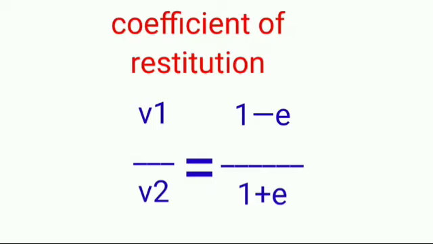The velocity of separation means after collision, velocity of approach means before collision. So v1 by v2 is equal to 1 minus e by 1 plus e. E means the coefficient of restitution symbol. That's all.